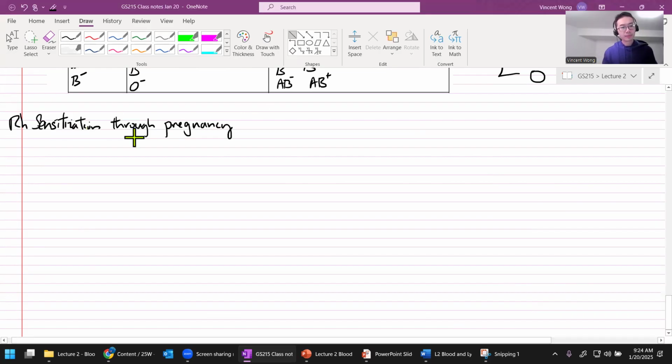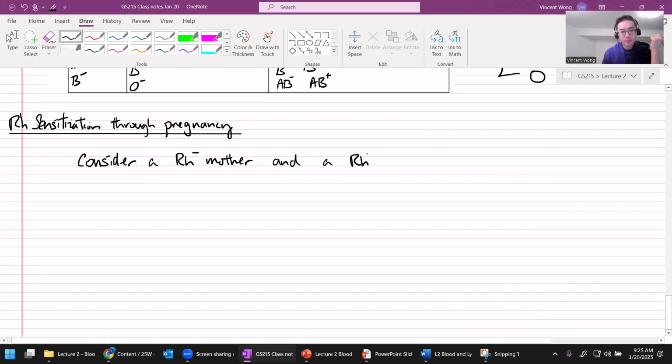So we will consider an Rh negative mother and an Rh positive father. What's the genotype of an Rh negative mother?